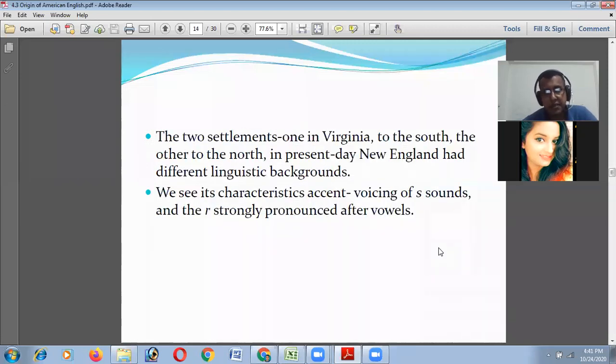The two settlements, one in Virginia to the south and the other in the north in the present New England, had different linguistic backgrounds. As we see, at first the people who came over there were the elite class, and they used standard English and also very good English.